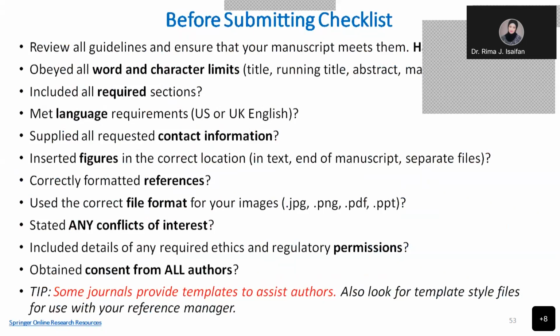Another issue is the language. A lot of papers are rejected for language, not only because they don't comply with US or UK English, or they have mixed spelling format. It's always because it wasn't proofread. And many journals don't have free editing services like many years ago.